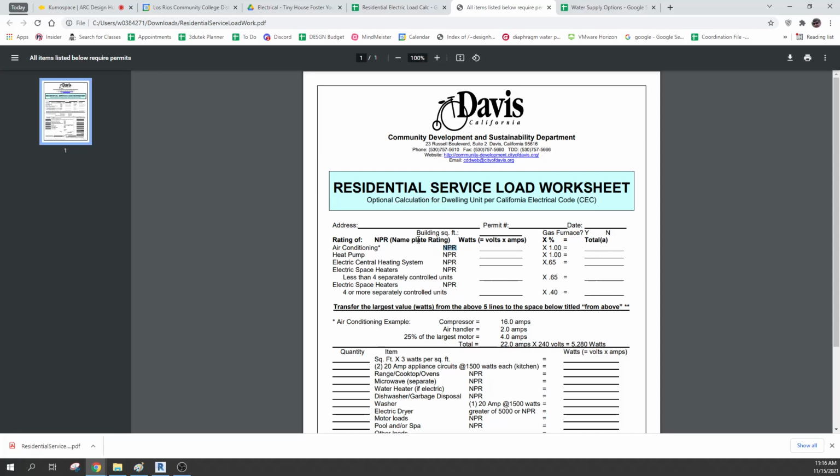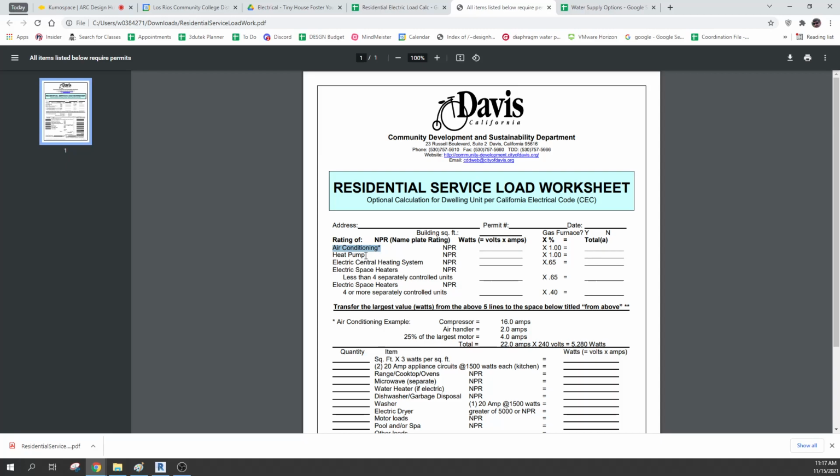How much energy is this going to take? And it will probably be in watts, but it could list the number of volts and the number of amps. So you would read your nameplate for air conditioning, and you might have to go and look and see. Now it's got everything listed, so some of these, of course, will not apply.